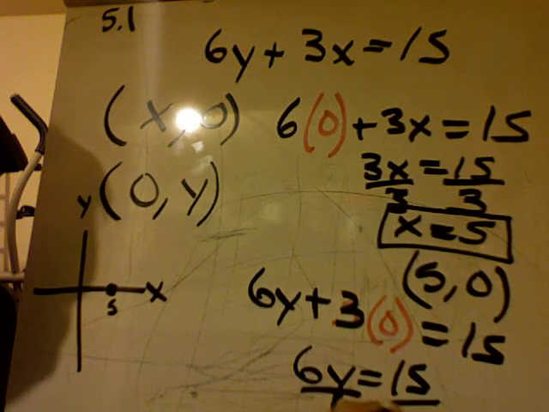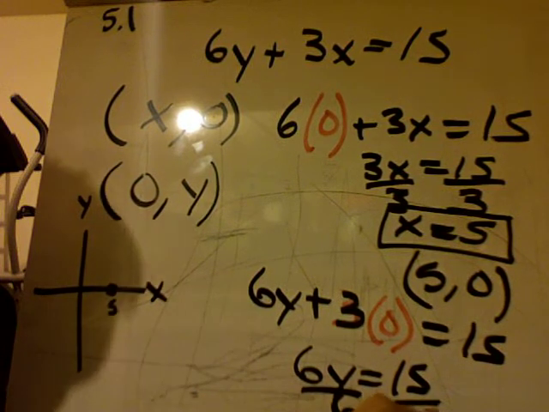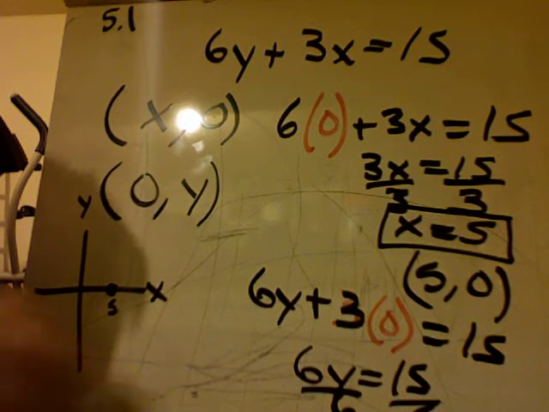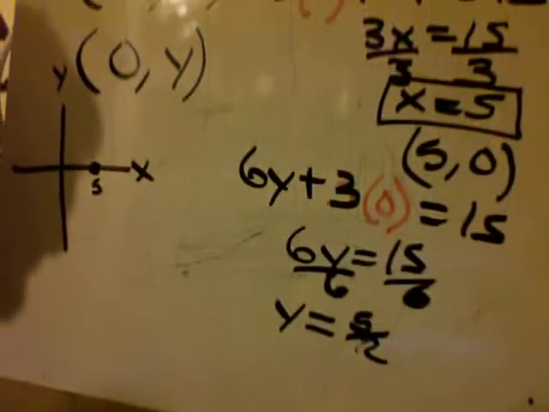Divide by 6. Divide by 6. So y will reduce to 5 halves.